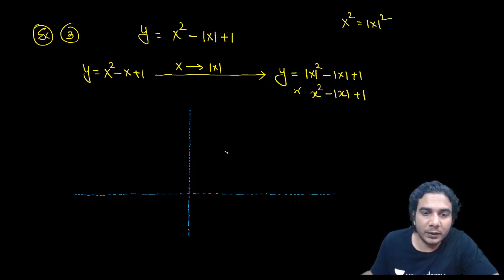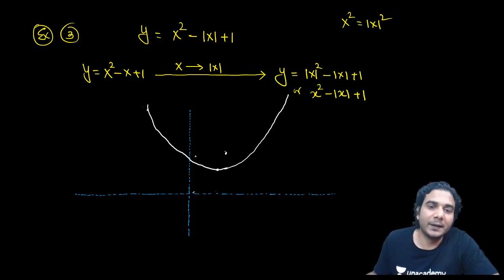It's a parabola whose vertex is at 1 by 2 comma 3 by 4, right? You know that. Let's take this point as the vertex. So the graph will look like this. Here is the vertex, like this.